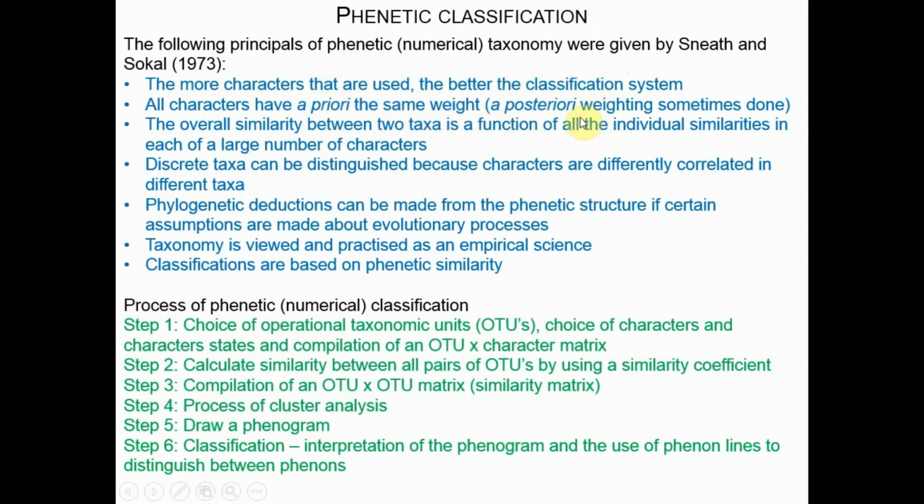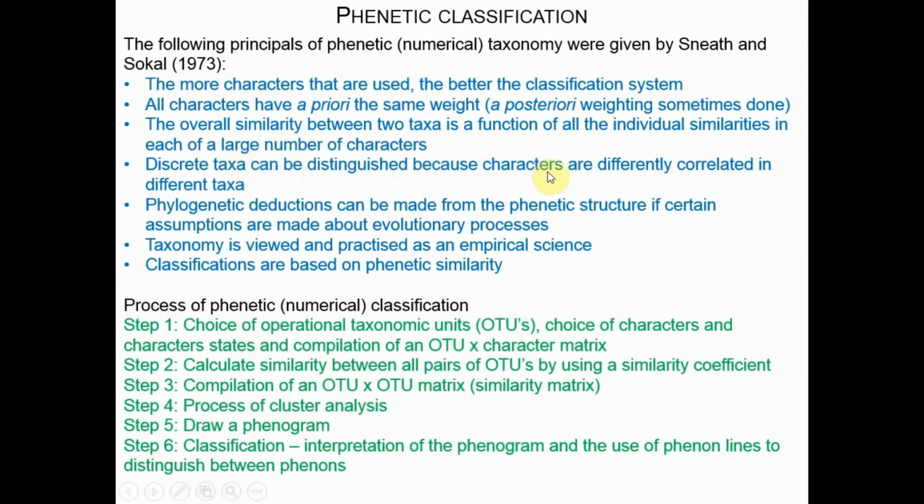After the fact, or a posteriori, weighting sometimes can be done to emphasize some characters that are more important for some groups than for others. The overall similarity between two taxa, which is what we try to calculate in this analysis, is a function of all the individual similarities in a large number of characters. So the more similarities in characters two individuals share, the higher the overall similarity between these, and the more likely they are to sit next to each other, or together at least, in the tree.